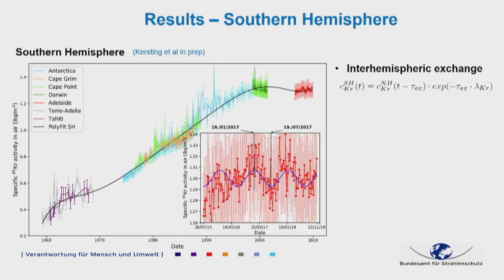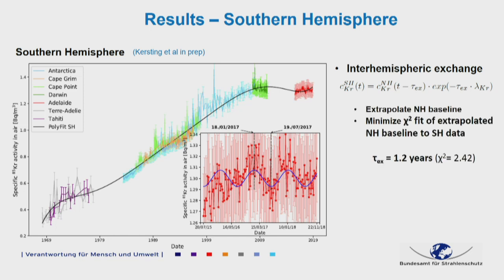We model the Southern Hemisphere baseline by taking the Northern Hemisphere baseline and taking into account the exchange time between the Northern and Southern Hemispheres, extrapolating the Northern Hemispheric baseline and minimizing the chi squared against the Southern Hemisphere data that we have, assuming that the profile we measure in the Southern Hemisphere is smooth and the peaks that we frequently see in the Northern Hemisphere are no longer visible.